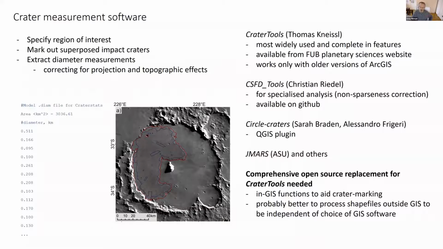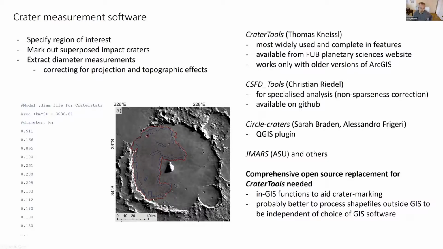So going back to the really basic stuff, if you want to make this kind of data, the first thing you have to do is sit down and measure all the craters that you see in an area of interest. So here we've got an example figure, an interesting lava flow into a crater, this one on Mars.